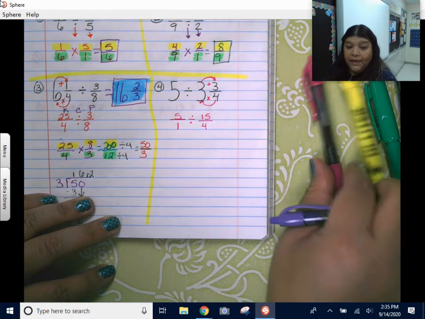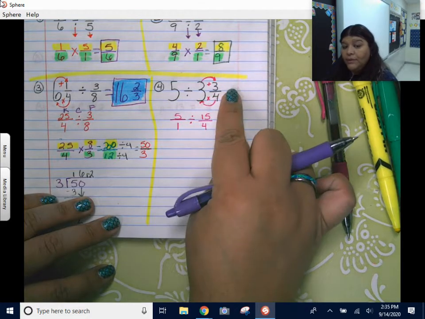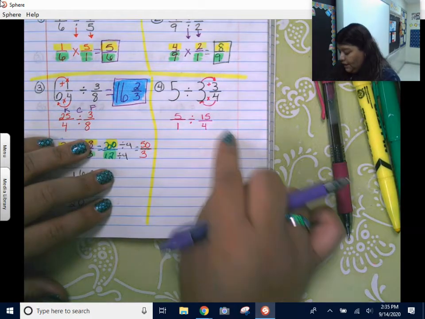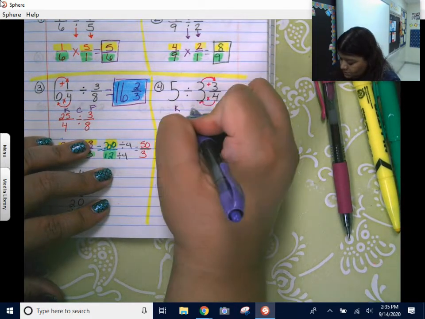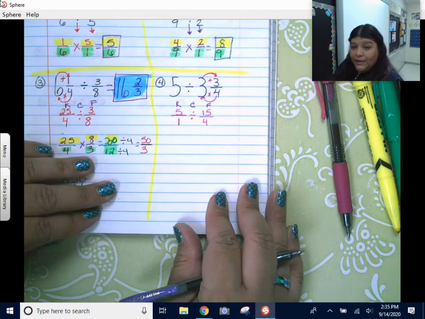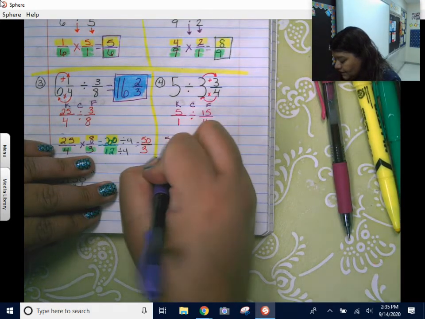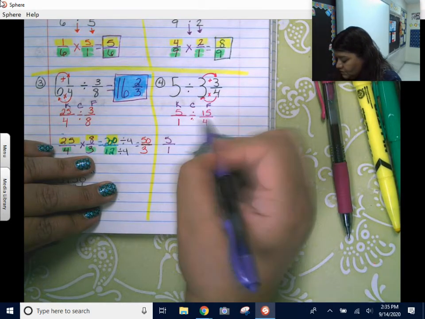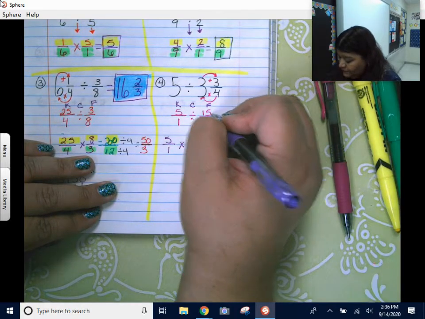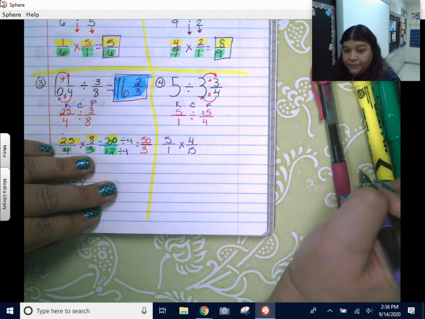Now that you've converted your whole number into an improper fraction and your mixed number into an improper fraction, now I can keep it, change it, flip it, or the actual word is multiply by the reciprocal. So 5/1 stays 5/1. Division, changing that to multiplication, and the reciprocal of 15/4 is 4/15.